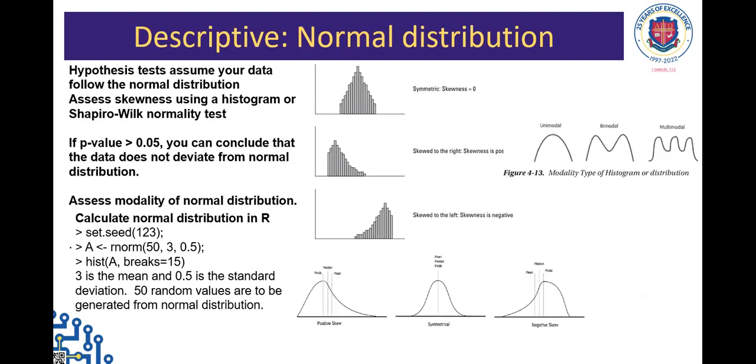So when you're describing the data, like we're talking about the central tendencies within your data, prior to even calculating your variations, your ANOVAs, your MANOVAs, you want to see if your data is normally distributed. Because for any tests to be calculated, or any hypothesis to be tested on your data, there is an assumption that your data follows a normal distribution.